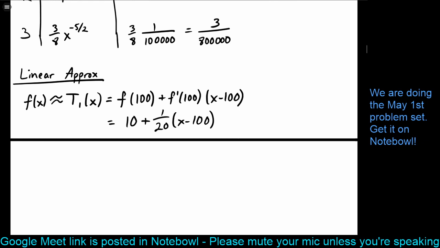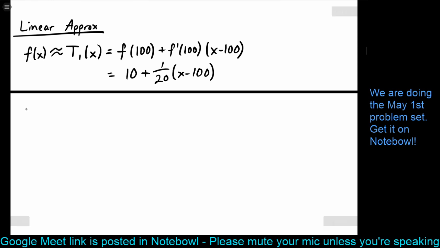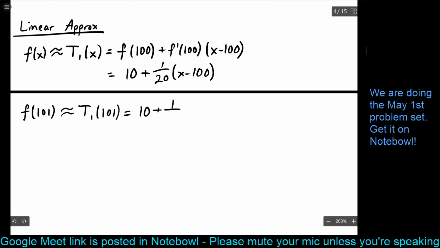What we're trying to approximate is the square root of 101, so plug in 101 here. So f of 101 is approximately t1 of 101, and this is 10 plus 1/20 times 101 minus 100. In other words, 10 plus 1/20.